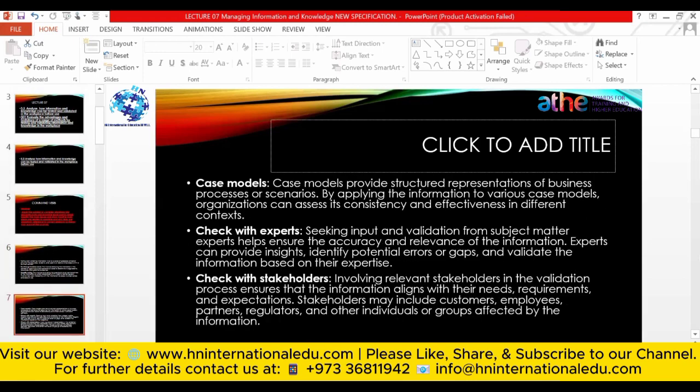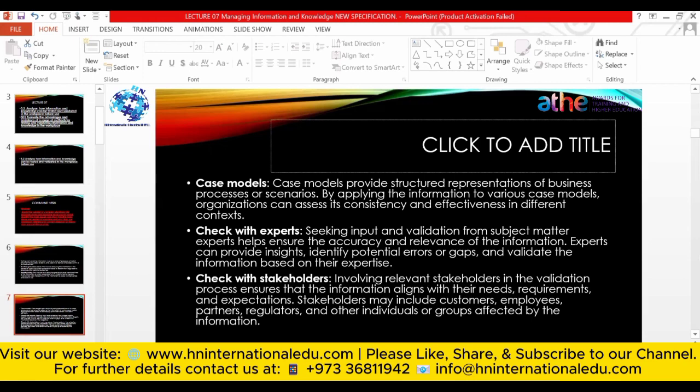Case models. Case models provide structured representations of the business processes or scenarios. That is, there are certain steps and procedures through which we conduct projects A, B, and C. Before that, we make a document, a roadmap basically, which includes the budget, the people who will be leading the project, the timeline, guidance, everything.